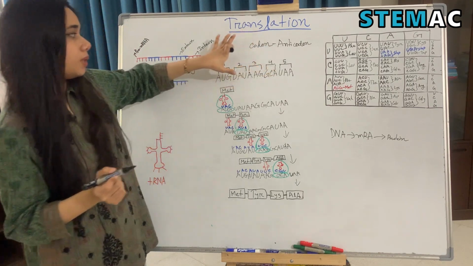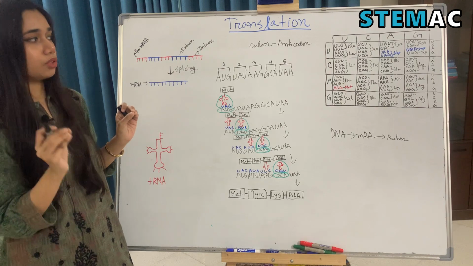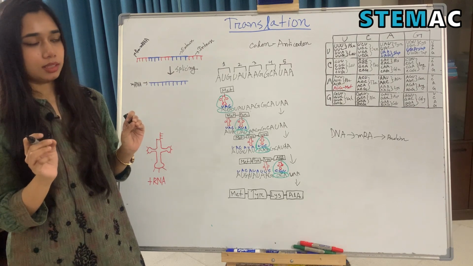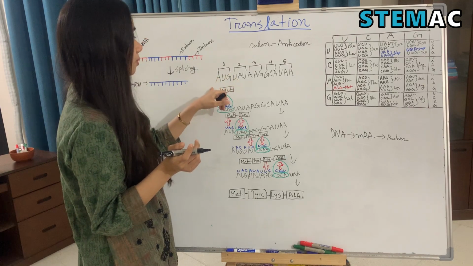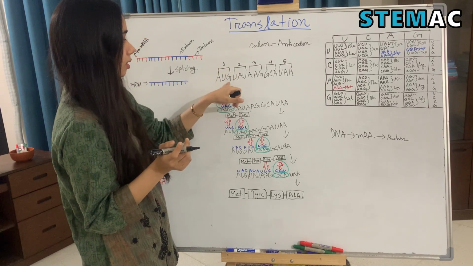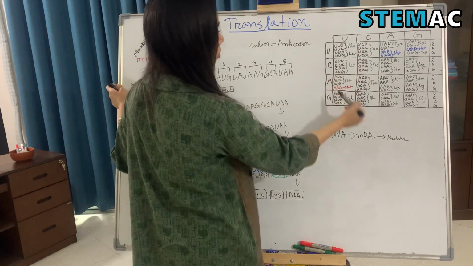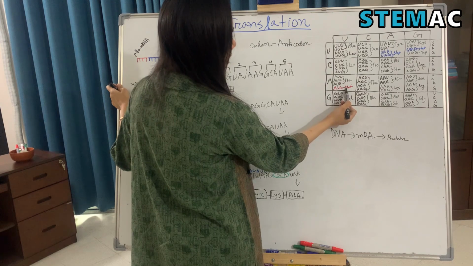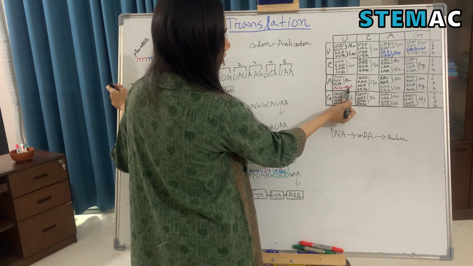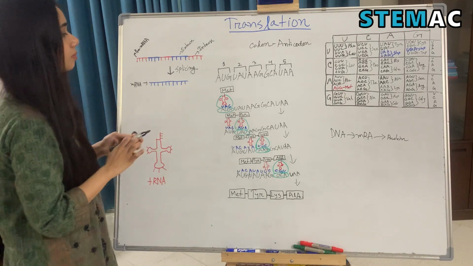These codons each code for an amino acid. Let's say this is AUG, right? This is a codon, and if we look at this genetic code chart, we can see that AUG is coding for the amino acid methionine, right?